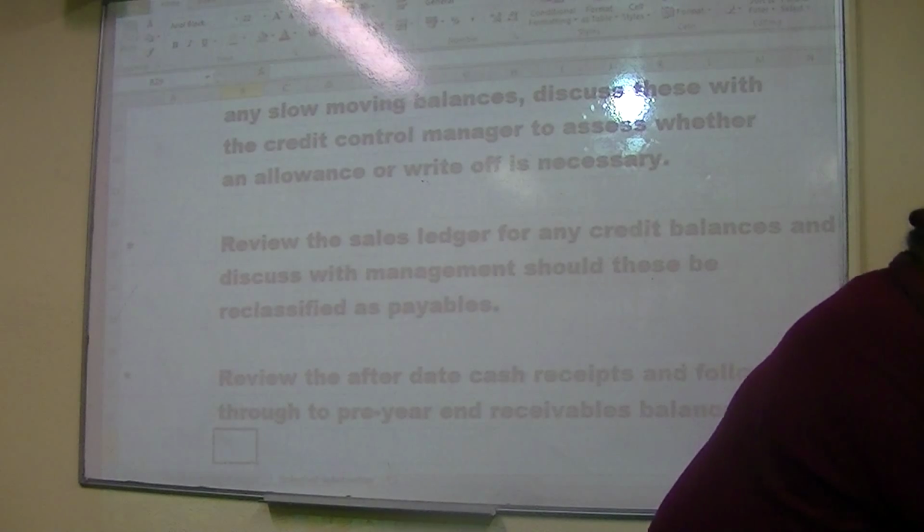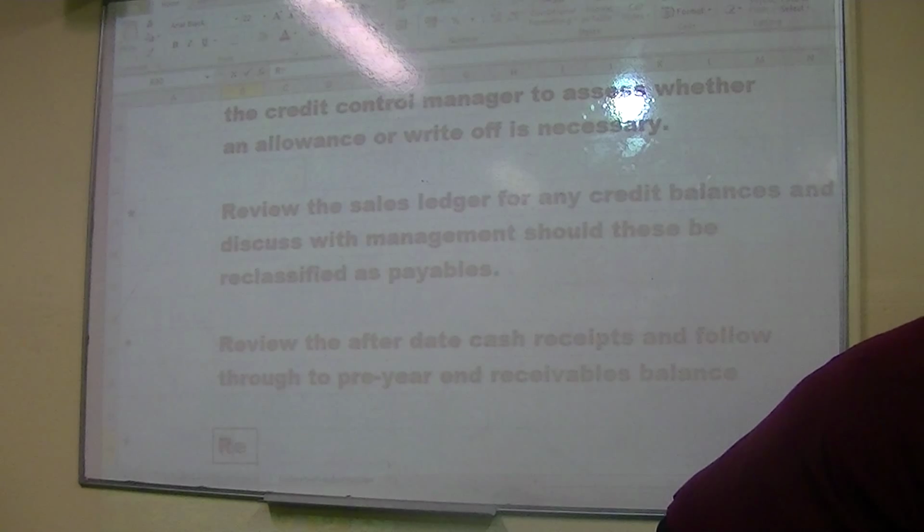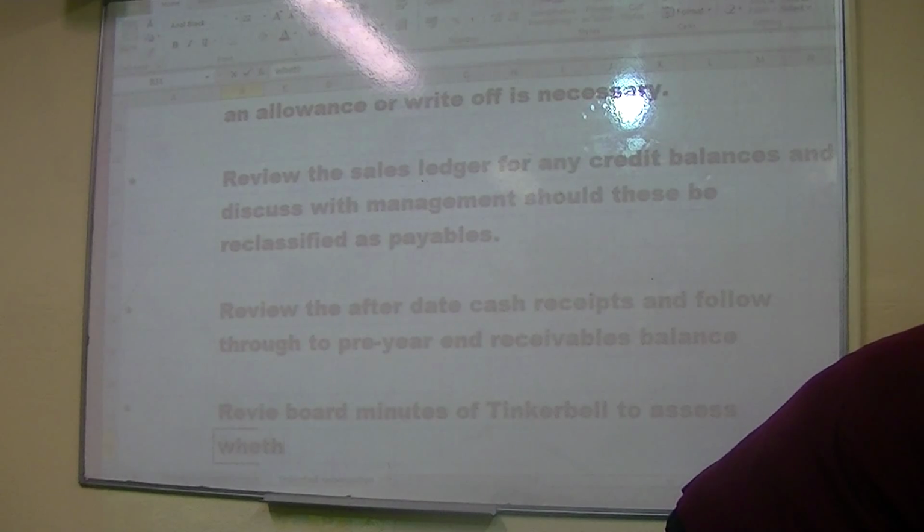Okay, they give one here about reviewing the board management. Okay, review board minutes of Tinkerbell to assess whether there are any material disputed receivables.